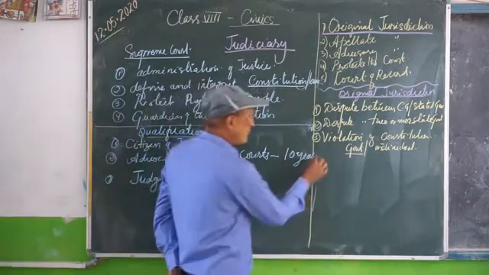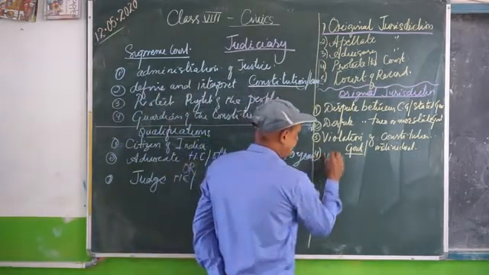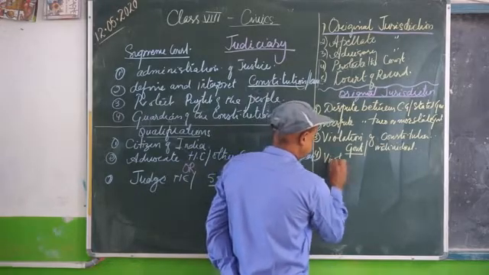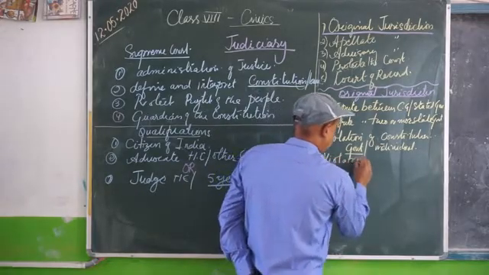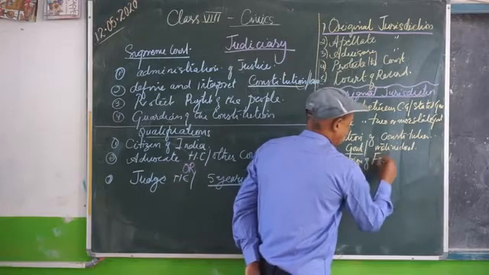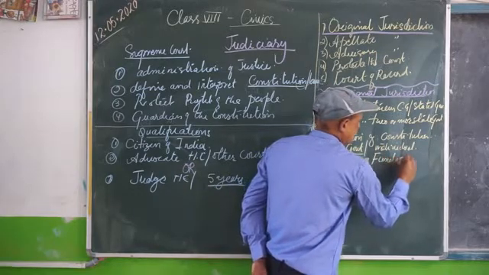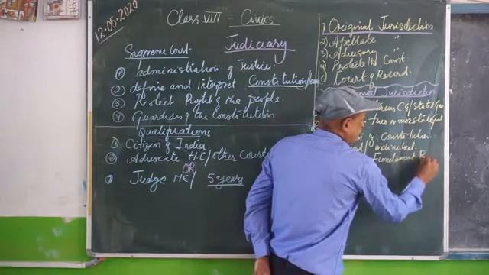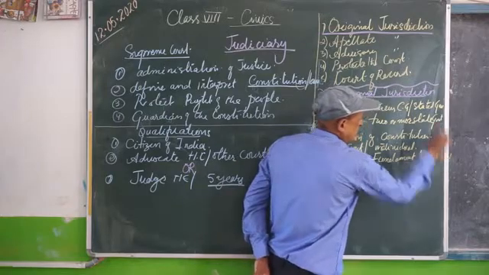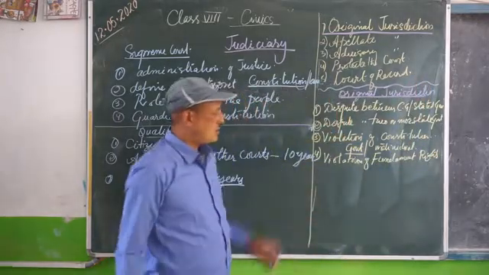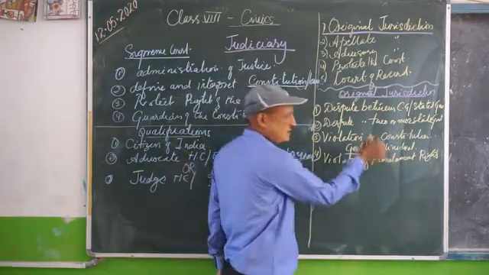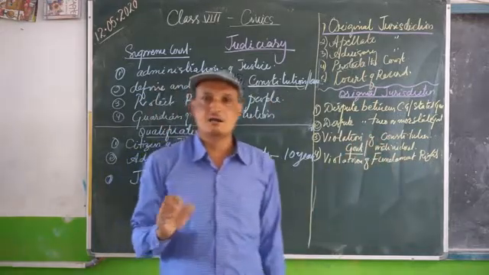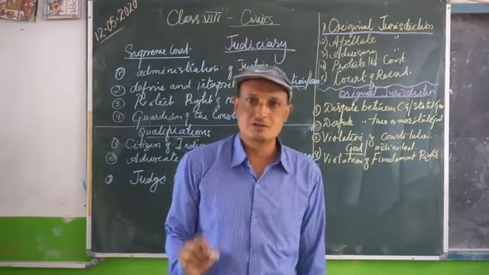Clear? The fourth one is violation of fundamental rights. The fundamental rights are also there in the Constitution itself, in Part 3 of the Indian Constitution.